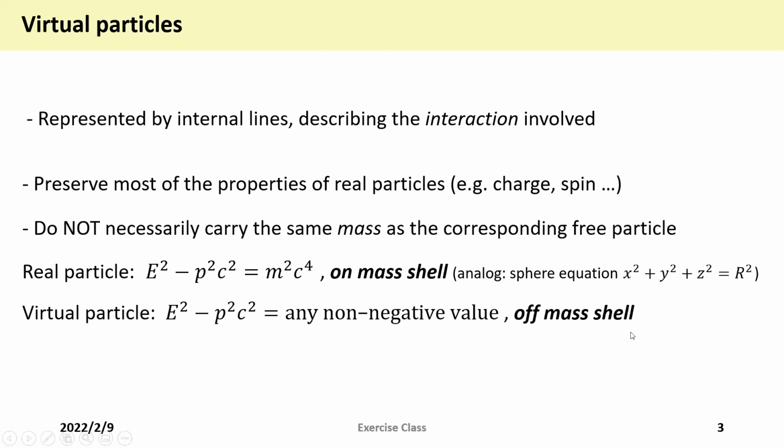To understand this, you can consider a 4-dimensional space in which the axes are the 4-momentum. If you consider this energy-momentum relation, then the real particle will lie on the shell in a 4-dimensional space, just like the spherical shell equation in 3-dimensional space. So we say a real particle is on mass shell and a virtual particle is off mass shell.